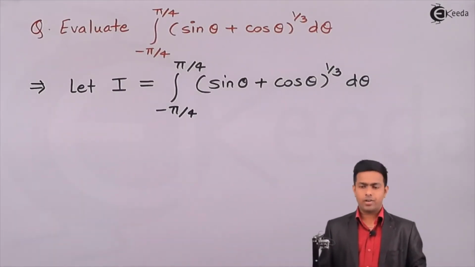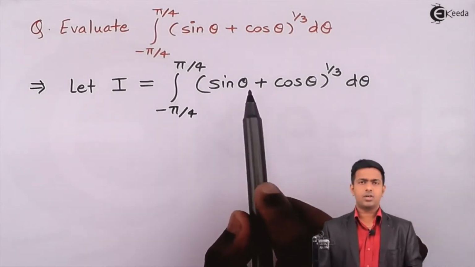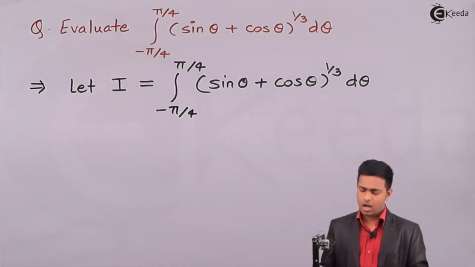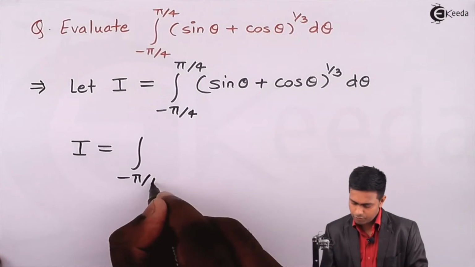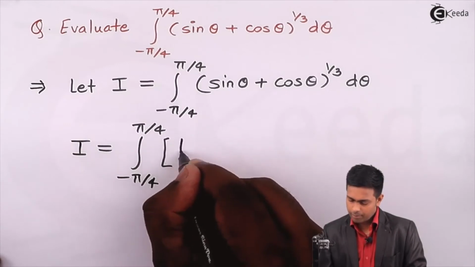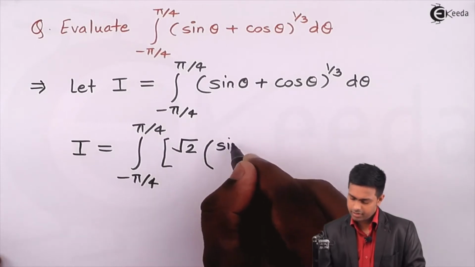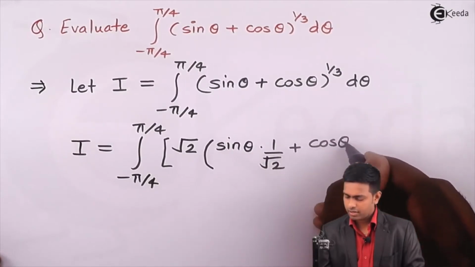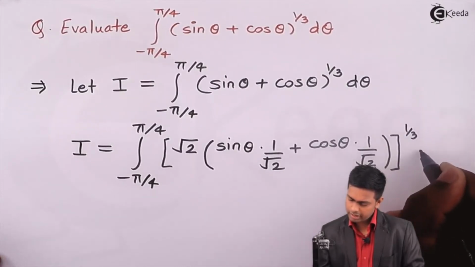What I'll do is multiply and divide this term with root 2, and by doing it we can get a formula. So I is equal to integration from minus pi upon 4 to pi upon 4, and in the bracket I'm multiplying with root 2, then dividing: sine theta into 1 upon root 2 plus cos theta into 1 upon root 2, and this bracket raised to 1 upon 3 d theta.